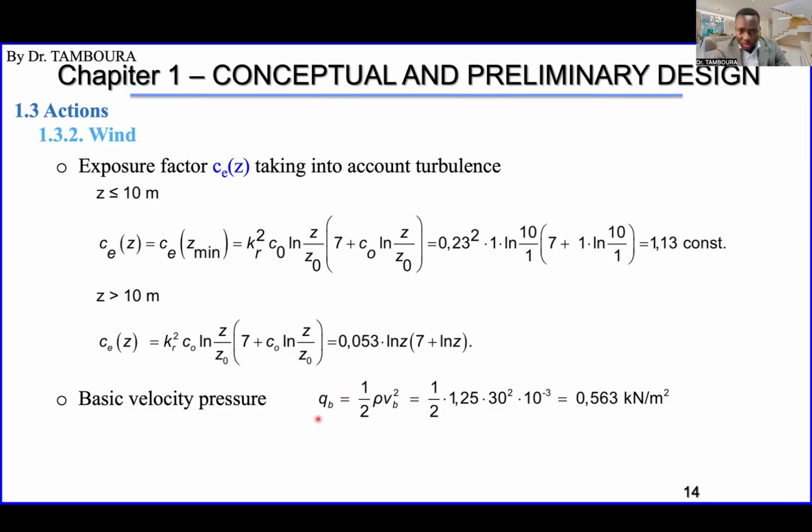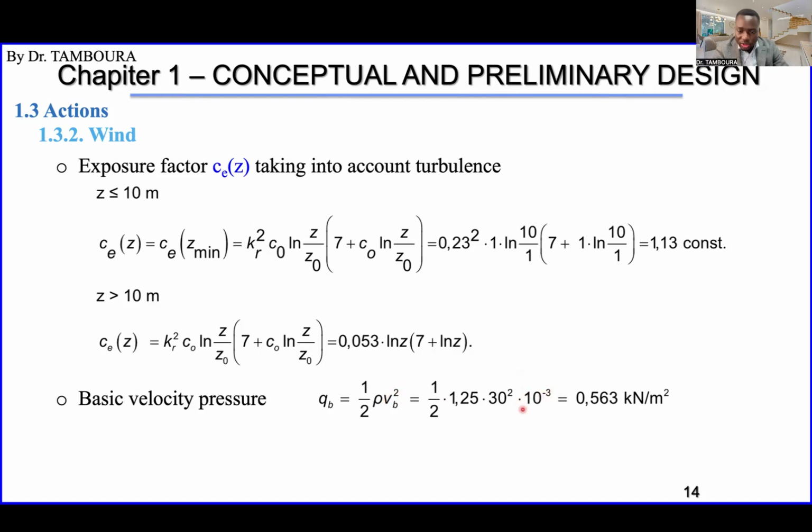So the pressure now, we are going for pressure. This one, basic velocity pressure. Do you remember the velocity we calculated? V, basic velocity, it was 30. But anyway, 1 divided by 2, density multiplied by this velocity squared. This is just conversion.